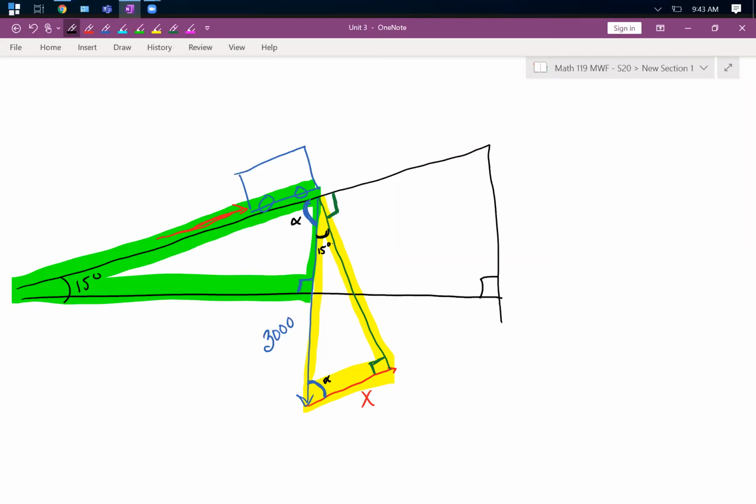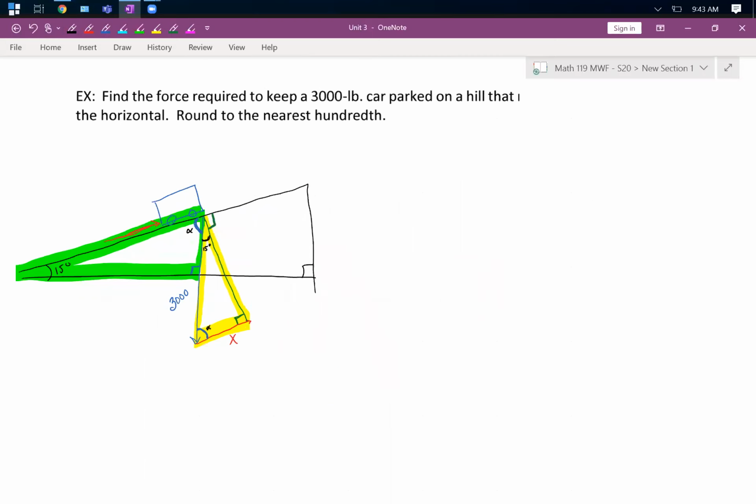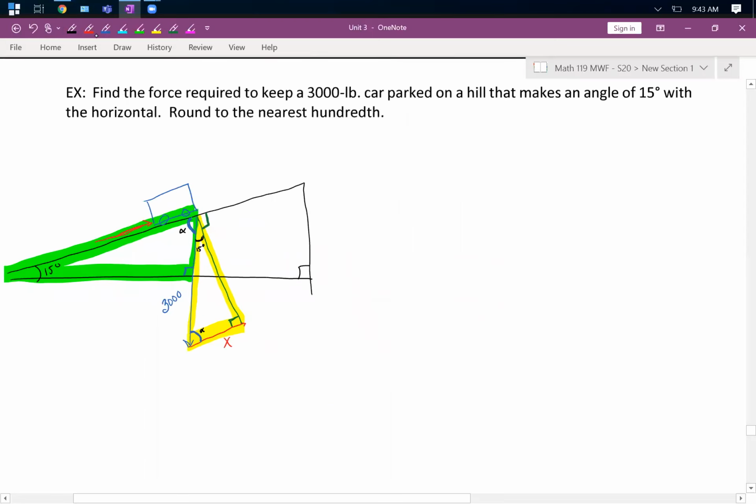Questions so far? All right, well, I'm going to break out that yellow triangle. I think I'm going to stand it up right too. Since we're dealing with a right triangle, SOHCAHTOA applies.